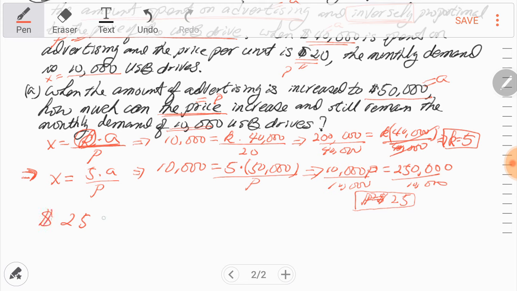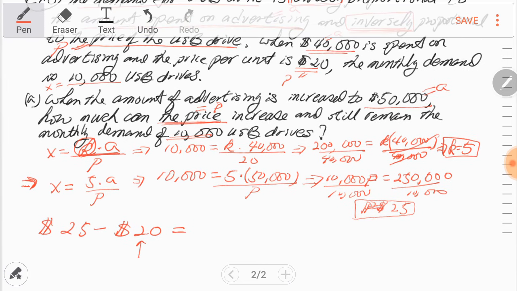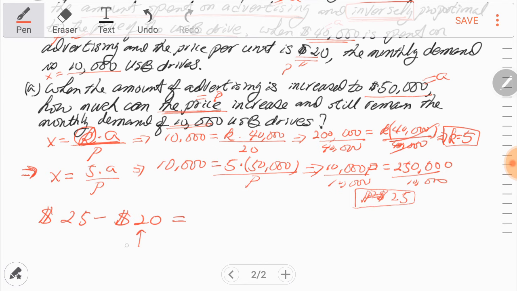So we gotta subtract $20 because $20 is the price when the advertisement is $40,000. So this one was for $40,000 on advertising, and this price is the price when the advertising is $50,000. So there will be $5 increase in the USB drive.